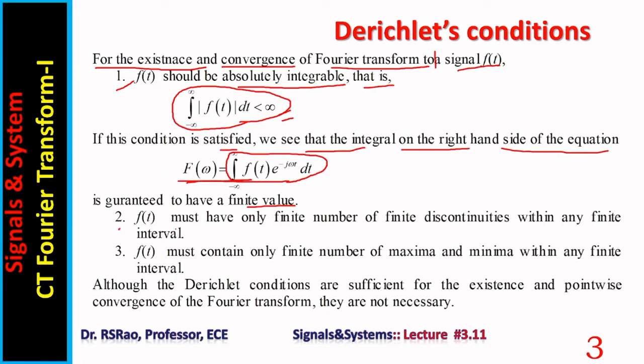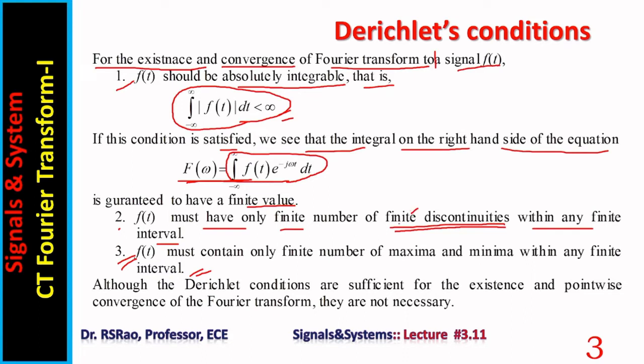Second point, f of t must have only finite number of finite discontinuities within any finite interval. Third point says f of t must contain only finite number of maxima and minima within any finite interval. According to the second point, discontinuities can be there in the function, but they must be finite.